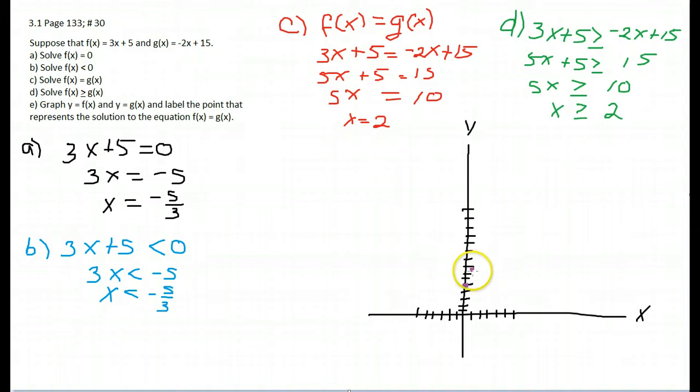Put another dot. Then from that point I can still count up 3 and write 1, and from this point count up 3 and write one more unit. Connect my points to make my line.